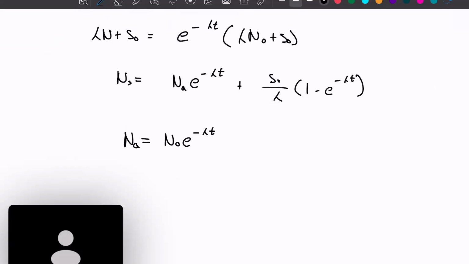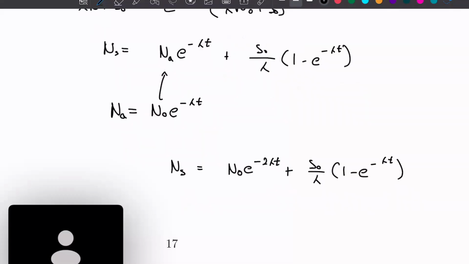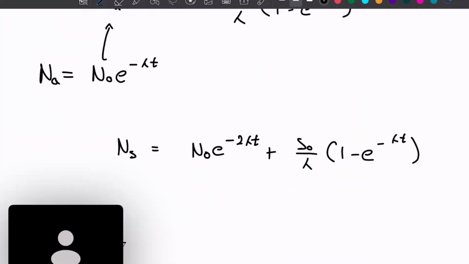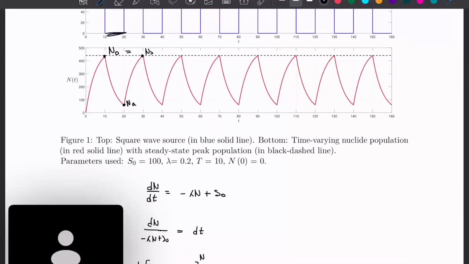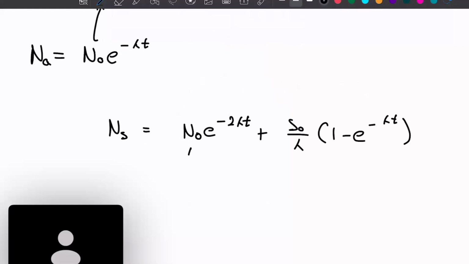We can sub this over here. So we will get NS equals N naught e to the power of minus 2 lambda t plus S naught over lambda, 1 minus e to the minus lambda t. Okay, and because we said that it's steady state, N naught is also equal to NS. So then we can sub here NS.